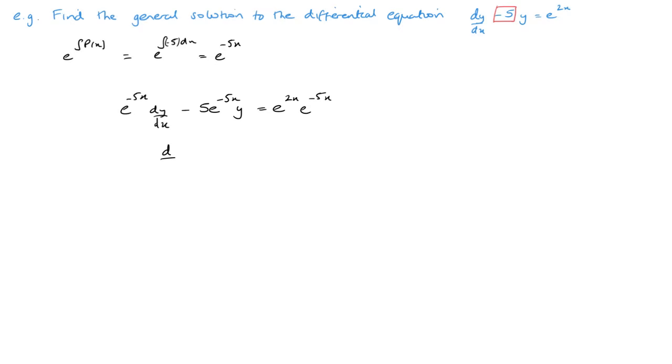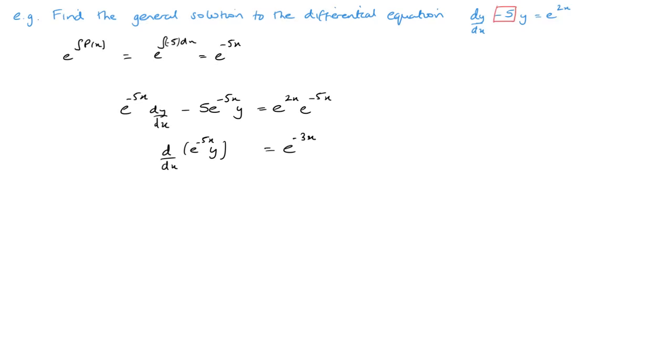If I differentiate e^(-5x) y, I will get this and this, because this times this differentiated, plus this differentiated times this. Okay, so that's the left-hand side. On the right-hand side, I can simplify to e^(-3x).